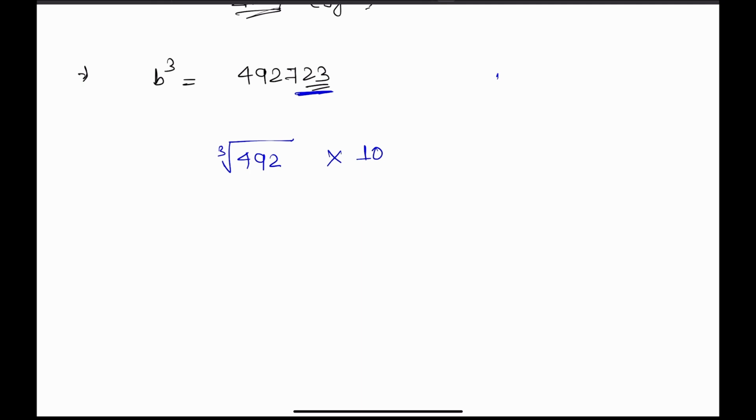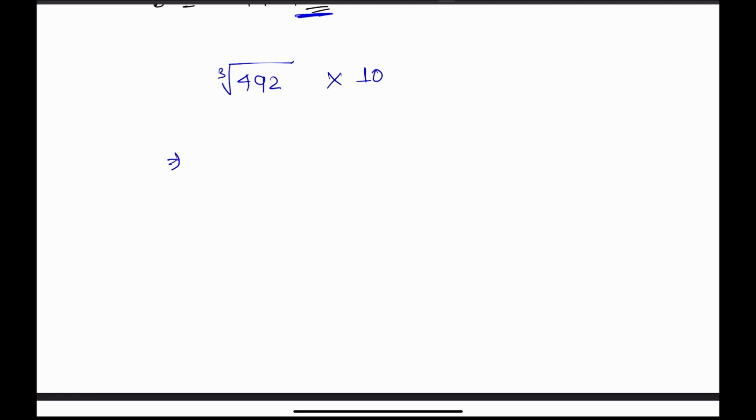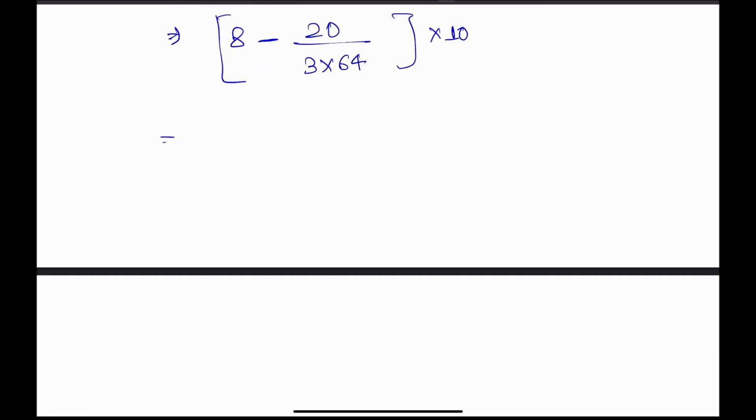Let's try to solve by the same decimal process. So 492 is near to 7 cube, which is 343, and 8 cube is 512. So 8 here, it will be 9, 8, and if we solve it will be 92, 8, then 12, 20, 20 by 3 into 64, and then everything multiply by 10 to approximate and get the value.